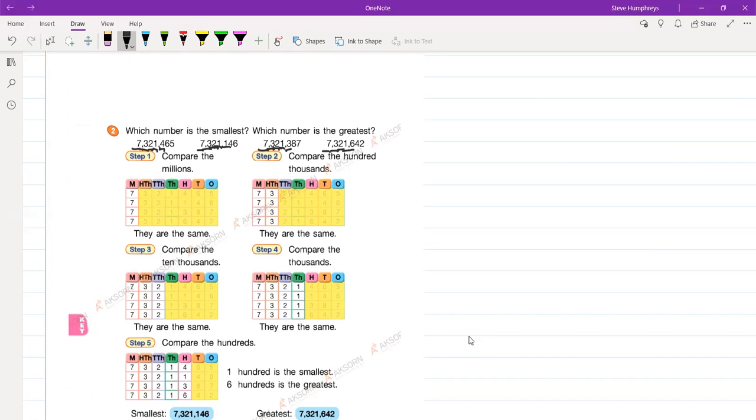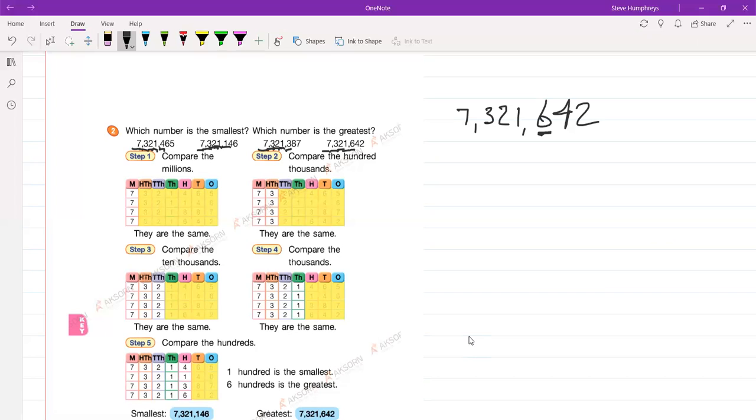And that's 6. So your greatest number is going to be 321,642 will be the greatest number, because the 6 is more than 3, it's more than 1, and it's more than 4.